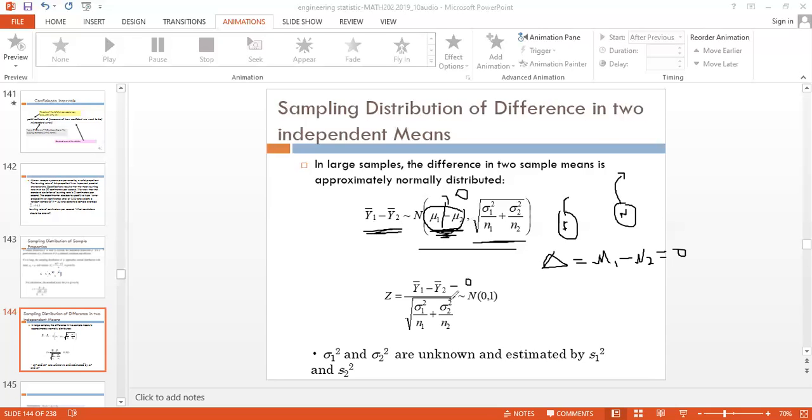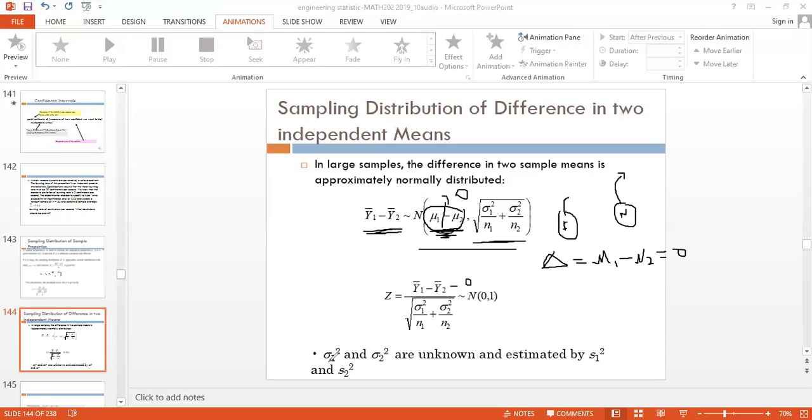Good. Over the standard deviation, which is the square root of sigma 1 squared over n1 plus sigma 2 squared over n2, where sigma 1 squared and sigma 2 squared are the variances for the two populations respectively.